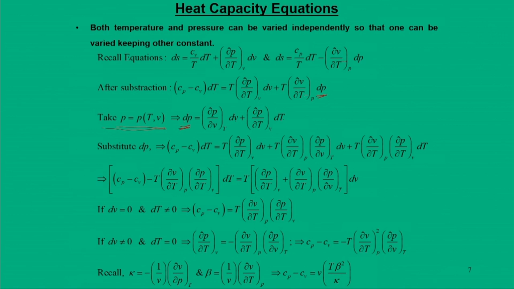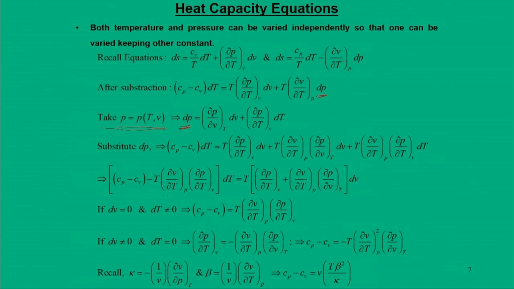Now, when I substitute this dP in these equations, then we get (Cp minus Cv) dT equal to T (∂P/∂T) at V dV, plus T (∂V/∂T) at P times (∂P/∂V) at T into dV, and the last expression is T (∂V/∂T) at P (∂P/∂T) at V dT.